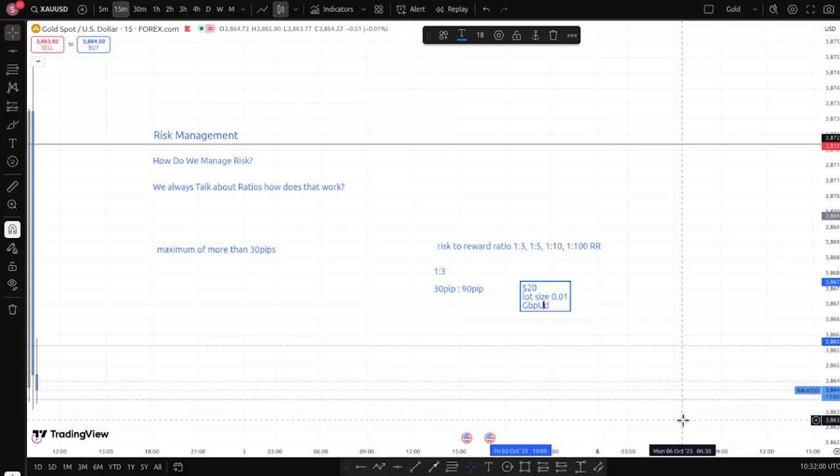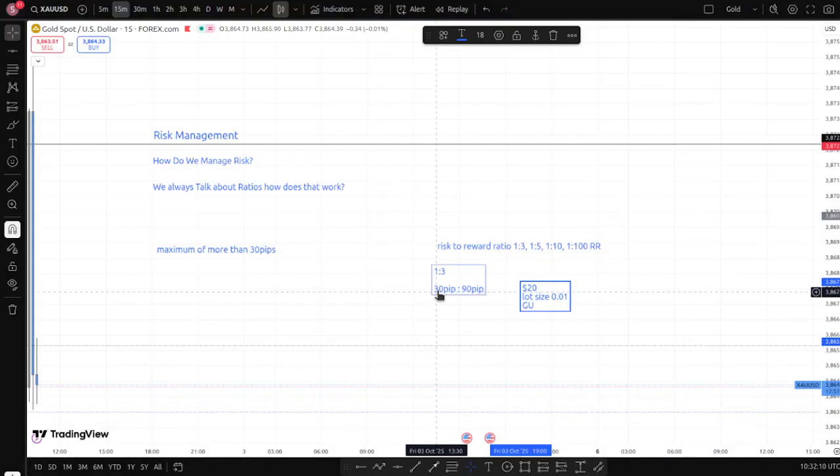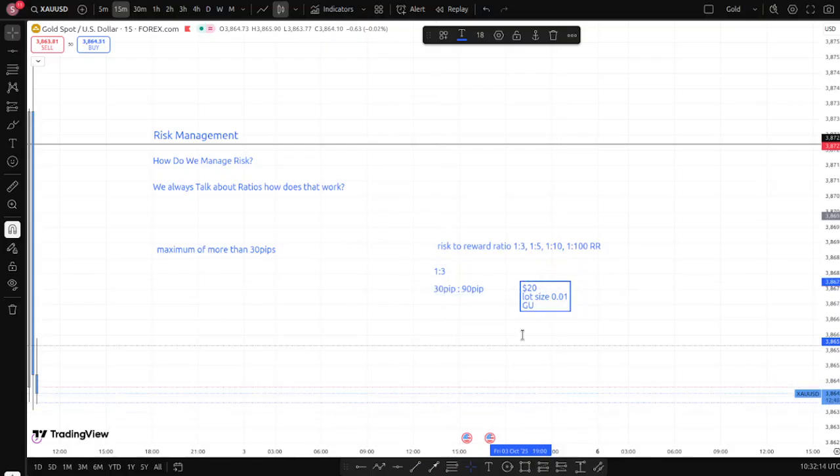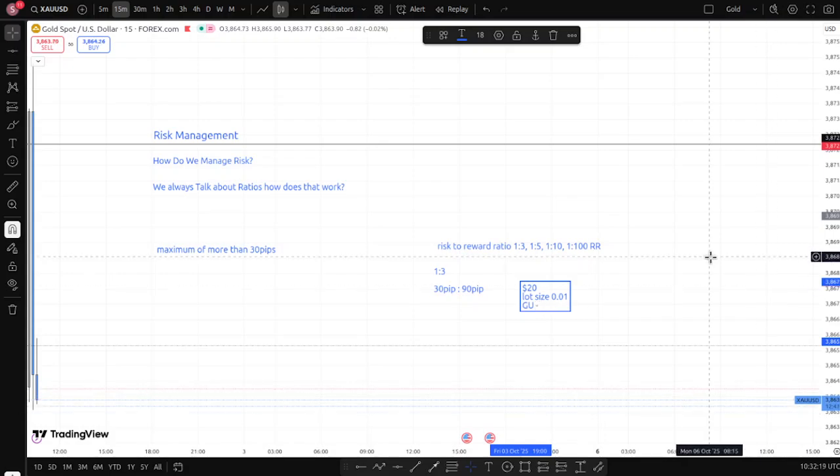Let me just write GU instead of writing the full GU. You have entered GU, your stop loss with this risk to reward ratio of 30 pips, your stop loss for this $20, the stop loss is, what's this, 30 pips, that's $3. So you're risking $3 to make $9 minimum. It can go more, okay?